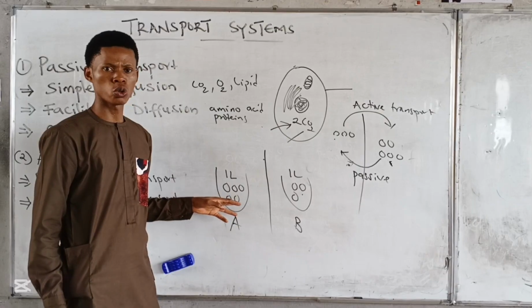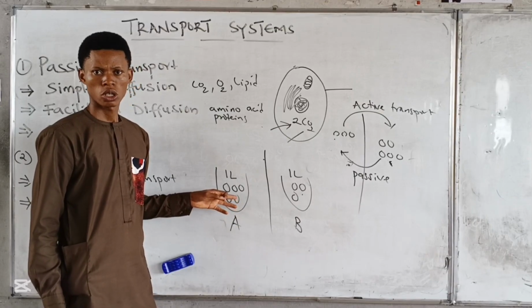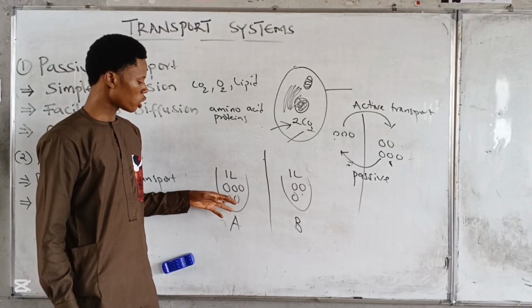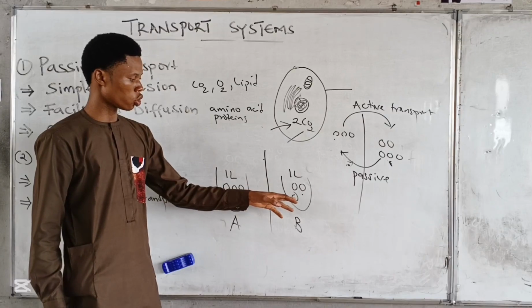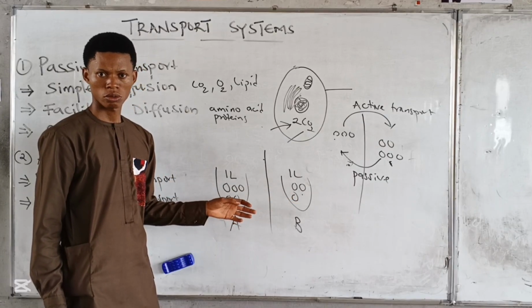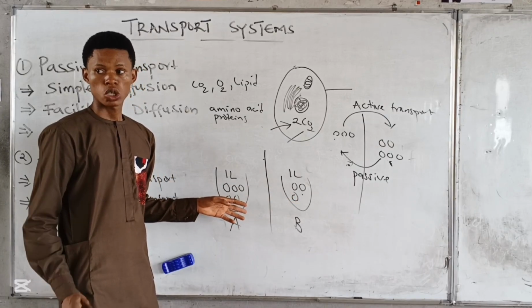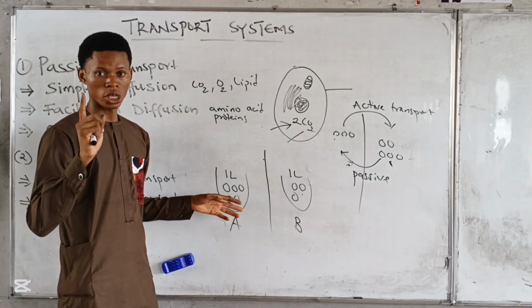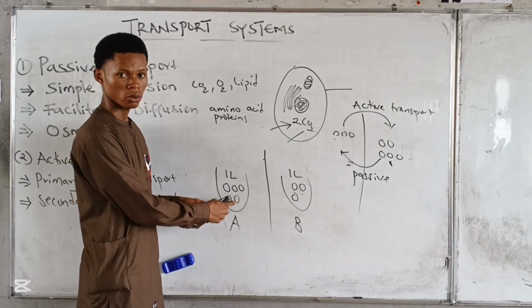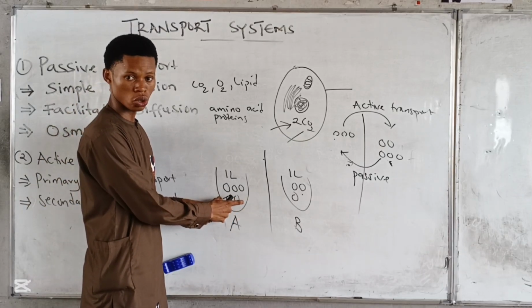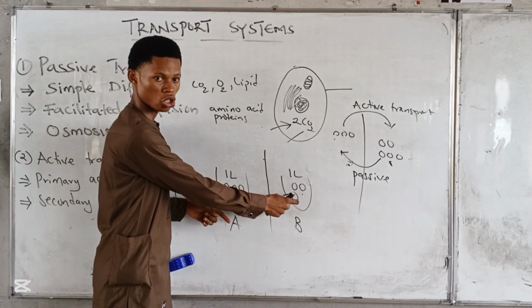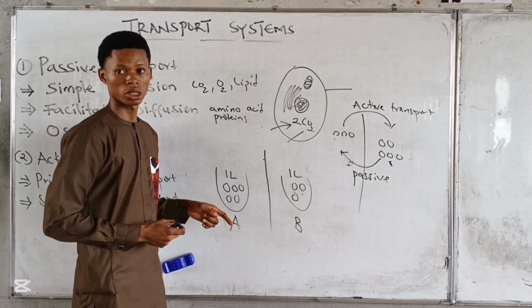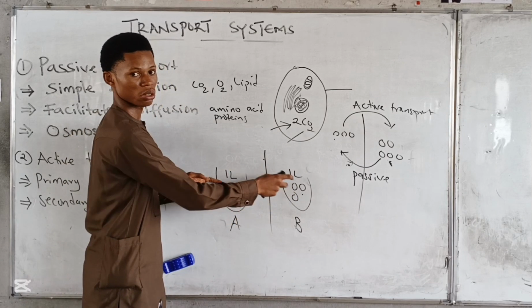Is the sugar the solute or solvent? Solute, right? Were we moving it from high concentration to low concentration, or from low to high? From high to low, right? So we can define osmosis in one way as the movement of solutes from a region of high concentration to a region of low concentration through a semi-permeable membrane until equilibrium is established.